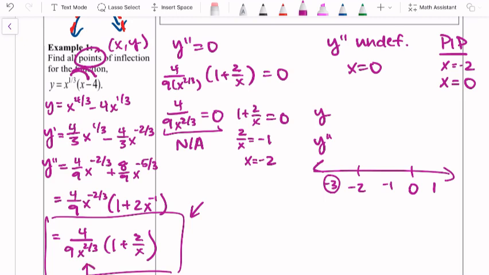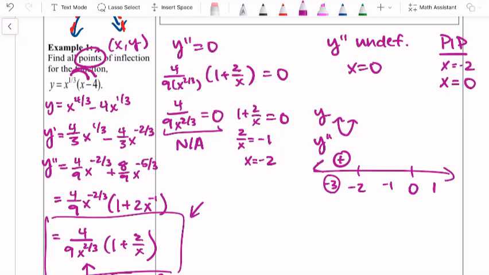Because this is x squared, the cube root, that's going to make that positive. And then plugging this in, we'll have 1 plus negative 2/3. That's going to be positive. Okay, so this interval here is positive. So what that means is that we are concave up on this interval.